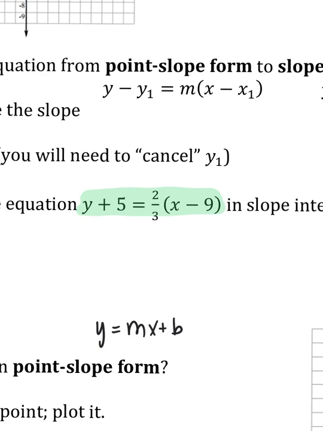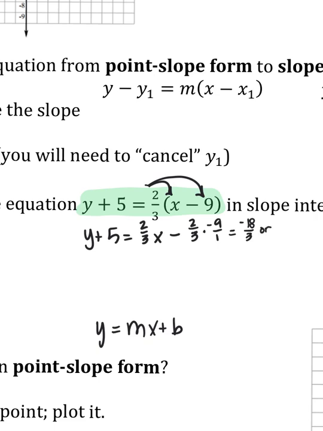All we need to do is do some rearranging. I'm going to start by distributing. And you have to distribute the 2/3 to both. So I get y plus 5 equals 2/3 x minus, I have 2 over 3 times negative 9 over 1, which is negative 18 over 3, or 6.